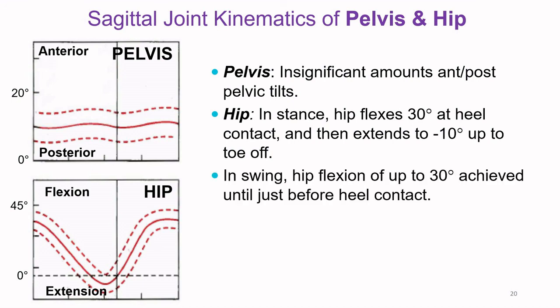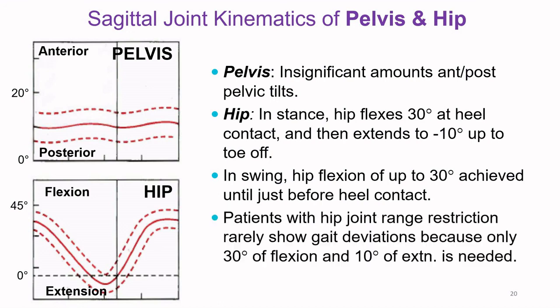In the swing phase, hip flexion of up to 30 degrees is achieved until just before heel contact. Patients with hip joint range of motion restriction are rarely going to show gait deviations because only 30 degrees of flexion and 10 degrees of extension is needed in order to walk.